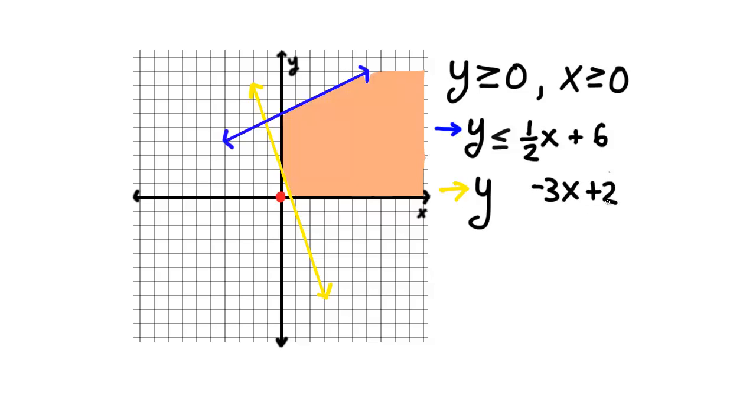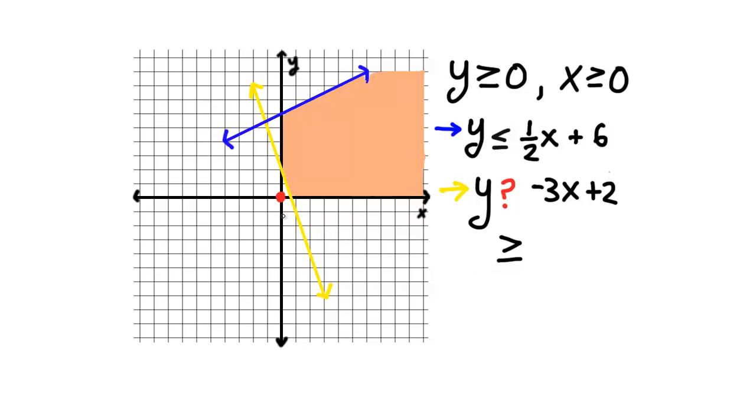That's because the y-intercept is at 2 and the slope is negative 3 over 1, or just negative 3. And again, we'll put a question mark here, because we don't know if it's less than or equal to or greater than or equal to. So again, let's just take a wild guess. Let's just say in this case it's greater than or equal to.